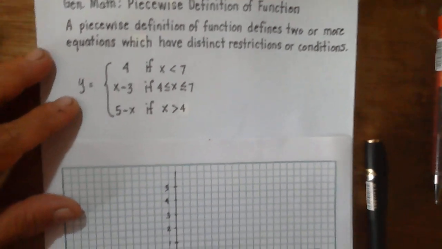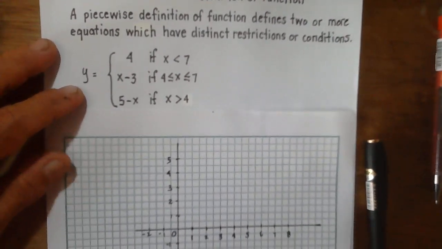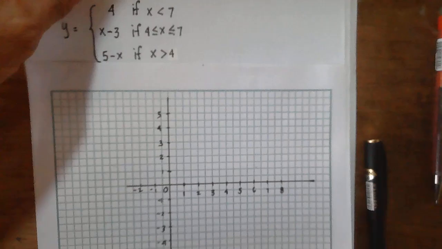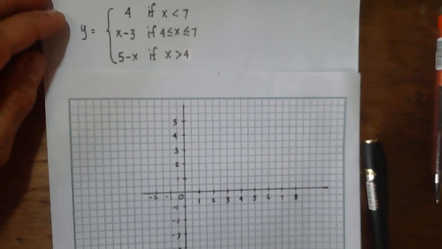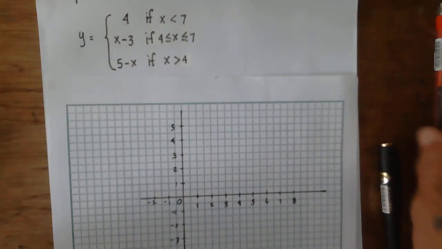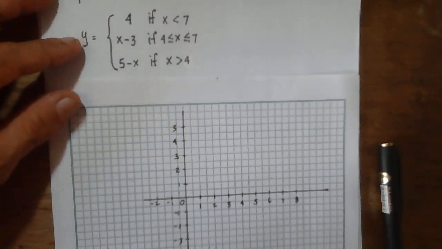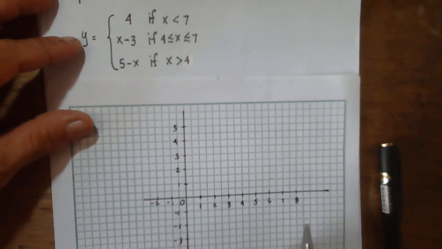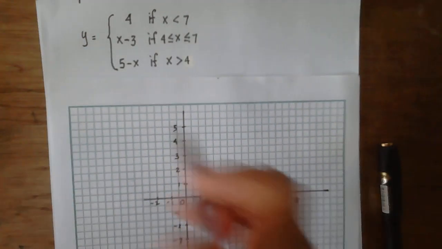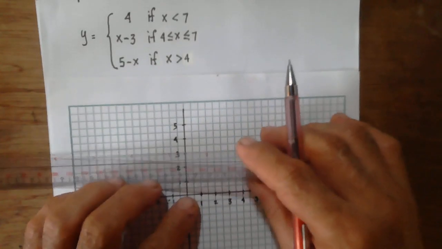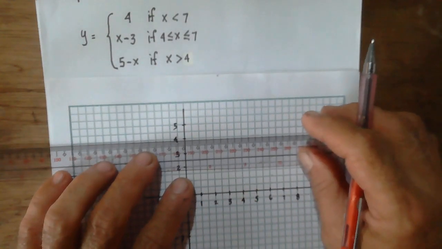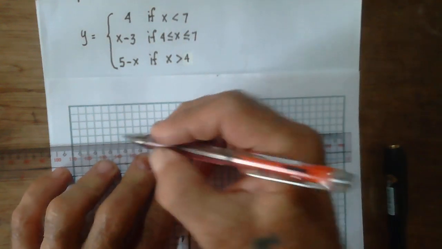Now, to be able to illustrate the piecewise defined function, let us graph the three involved equations. Okay, first, we have y is equal to 4. So, we graph y is equal to 4. And this is a line.